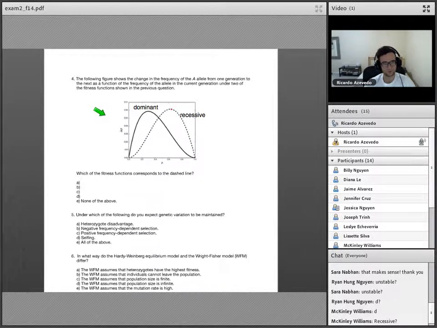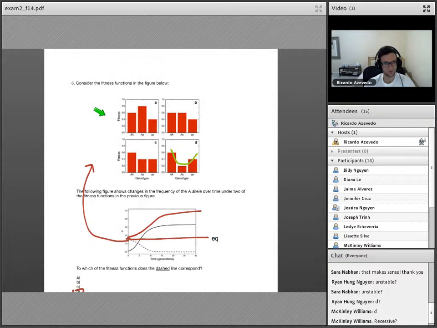So in the previous one, we have to find a recessive, and which one is recessive? A, B, or C. So which of these fitness functions corresponds to a recessive mode of selection?